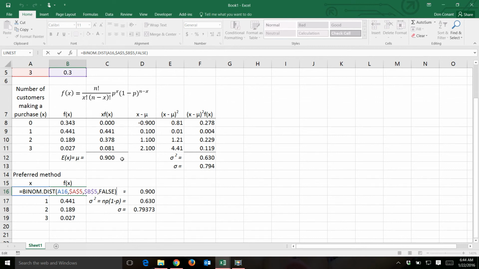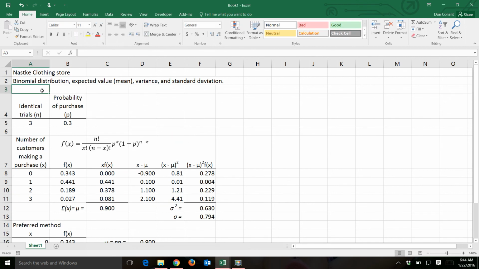You can find the probability of a specific value, so false is appropriate, whereas in other distributions we'll see that false is not appropriate. But for the binomial, we can find the probability of a specific occurrence, so false is usable. That's how you use the binomial distribution to find the expected value, variance, and standard deviation.